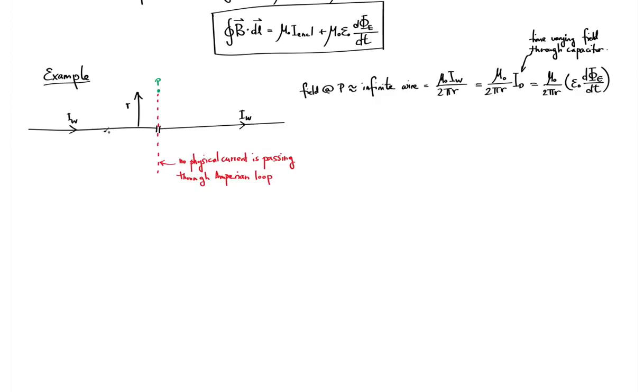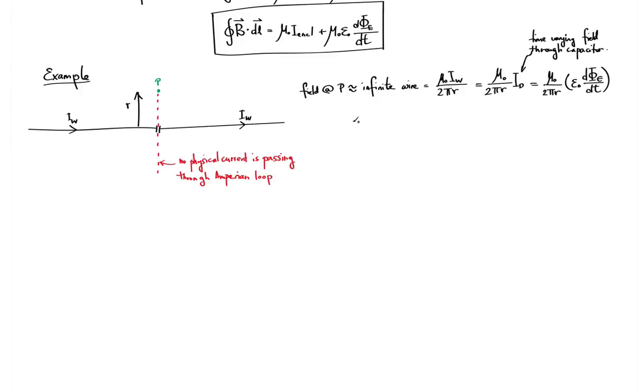So when we've completely charged the capacitor up, that parking lot is full. Now there's effectively a traffic jam here. No more cars can enter the capacitor. So I_W is 0. But on the other hand, the electric field between the plates is no longer going to be changing in time because the rate of change of charges accumulating on these plates becomes 0.